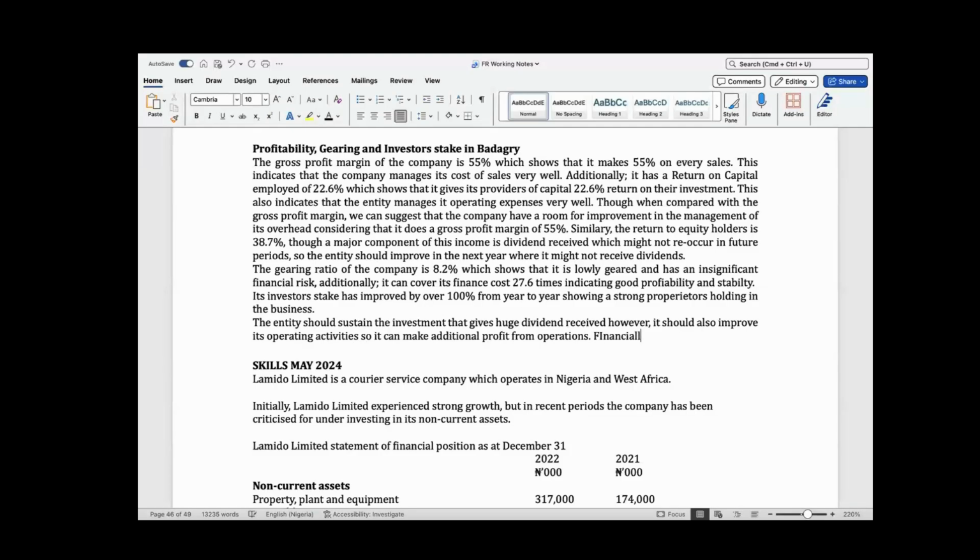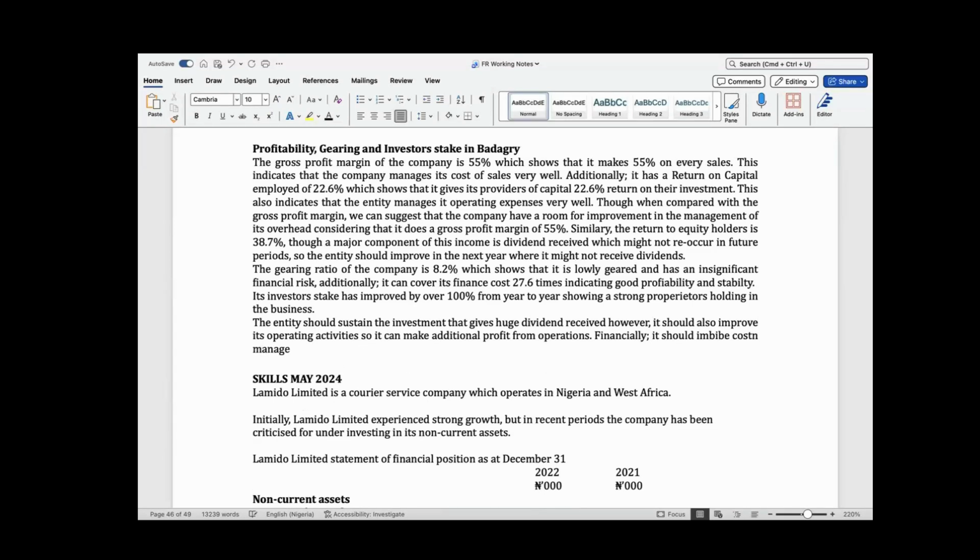Finally, it should imbibe cost management strategies to improve its underlying profitability.